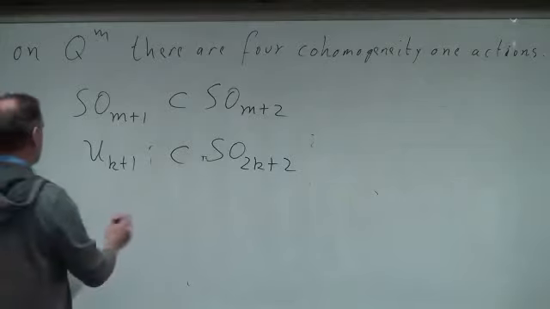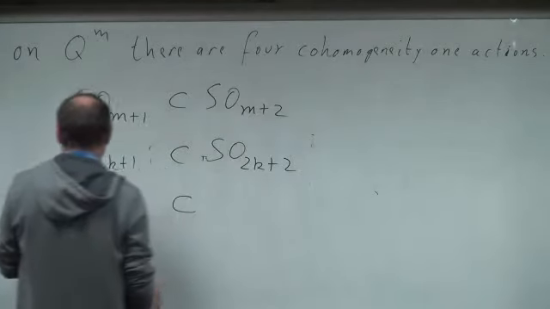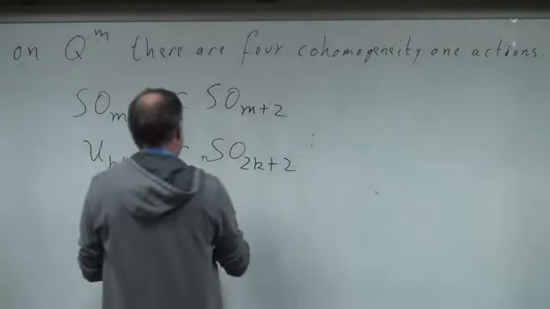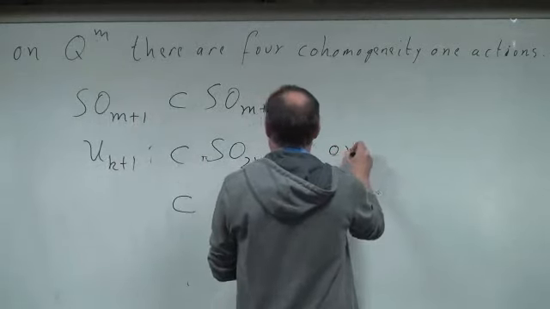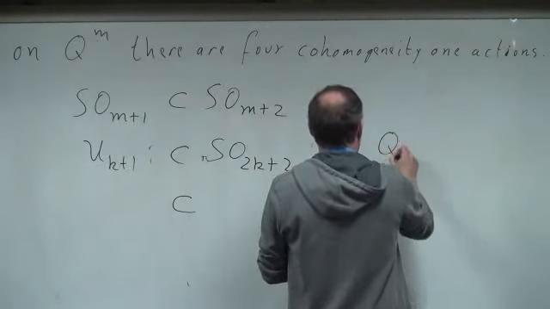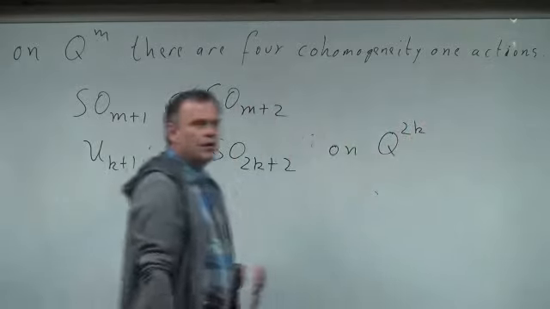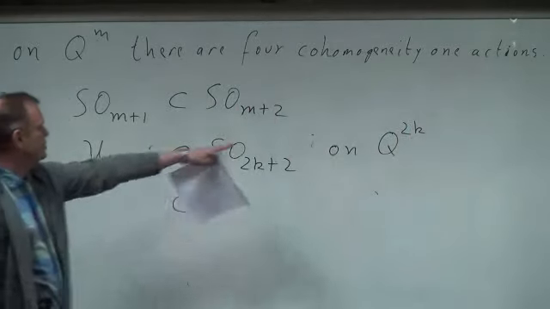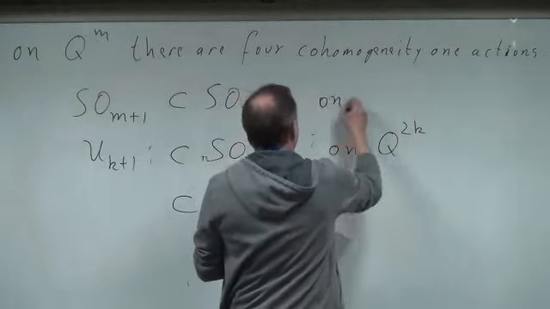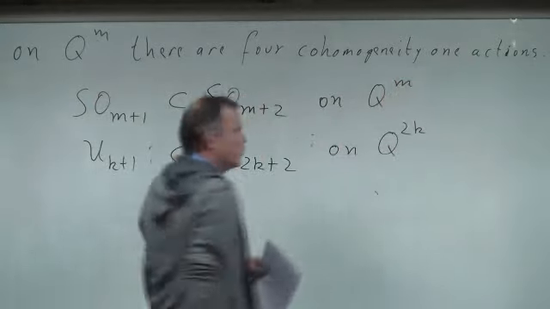Then we've got an action. So this is an action on a quadric of even complex dimension, so that's on Q^{2k}. So this is on Q^m.